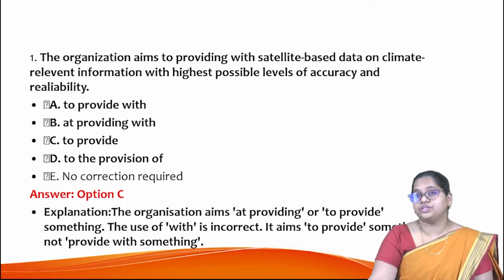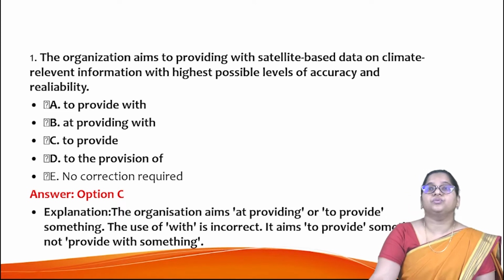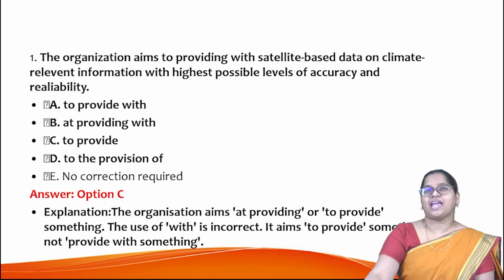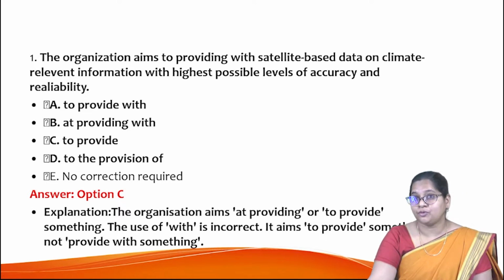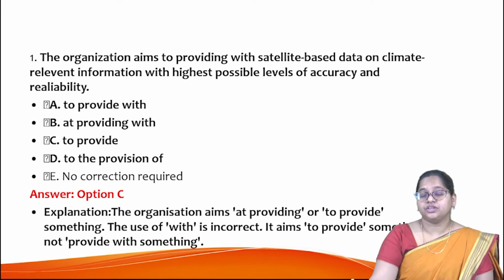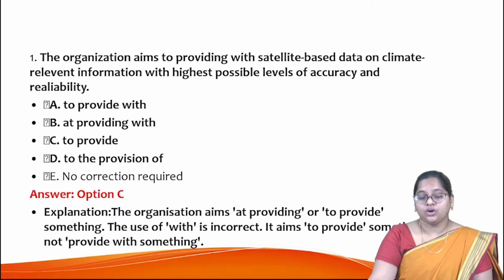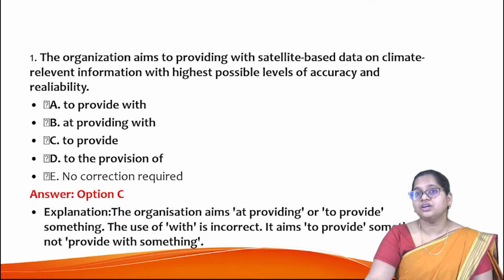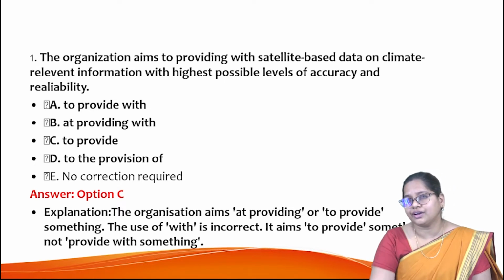Now what do you see? What's the explanation here? The organization aims at providing, or aims to provide with, or aims providing with, or aims to the provision of, or no correction required. How do you pick and choose the right word?